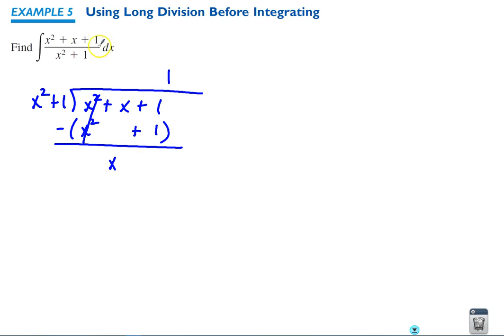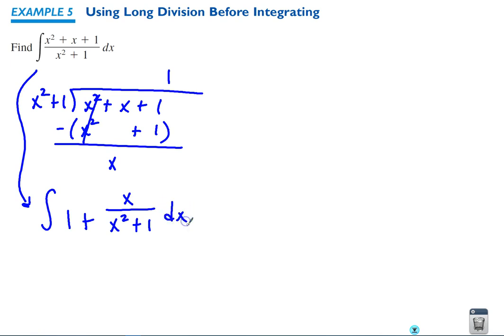So essentially, this integral can be rewritten after I've done long division into the integral of 1 plus x over x squared plus 1 with respect to x. Okay? Again, I used long division to go from this guy up here down to this one.